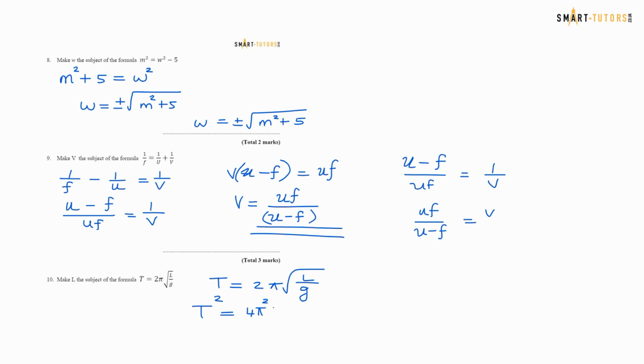And here L over G is going to come because the square root is gone. Cross multiply, so GT squared equal 4 pi squared L. Now L as a subject, so L is going to be GT squared over 4 pi squared. That is the answer for question number 10.